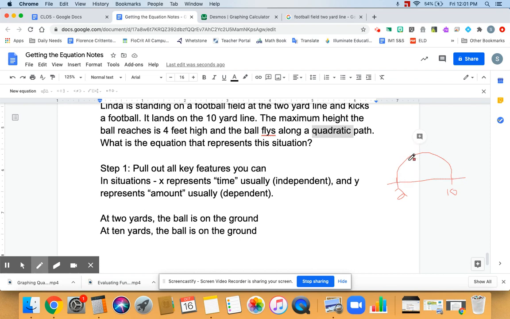I know it makes this parabola shape, and the highest it gets is 4 feet high. I don't know where exactly it's going to be 4 feet high, but I know that's the top, my hump, my vertex. My maximum amount is going to be at 4 feet. So at blank yards, we don't know, the ball is at the highest point of 4 feet high.